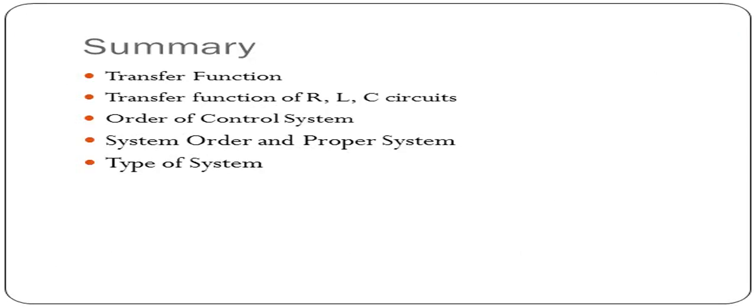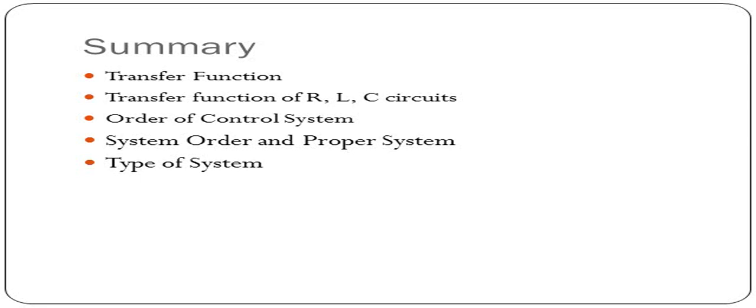Let us summarize what we have studied today. Transfer function: what is a transfer function? Simply, it is the ratio of the Laplace transform of output to the Laplace transform of input. We have also seen the transfer functions and Laplace transforms of RLC circuits. Then the order of the control system: how do we determine it?